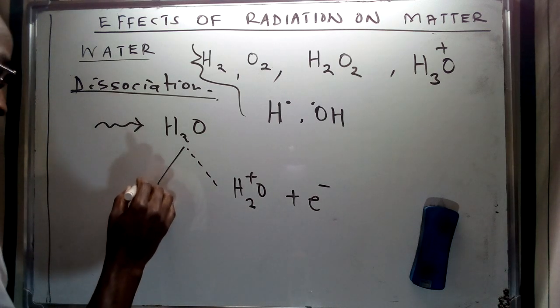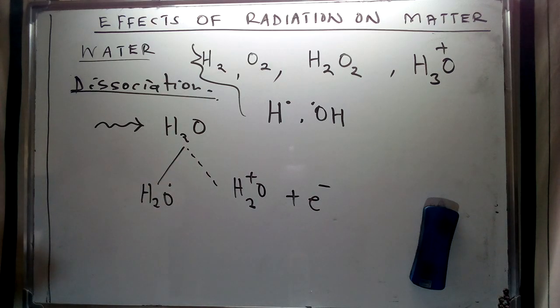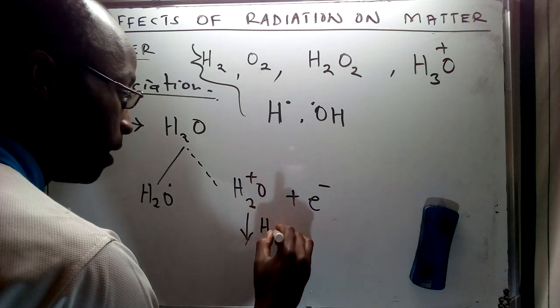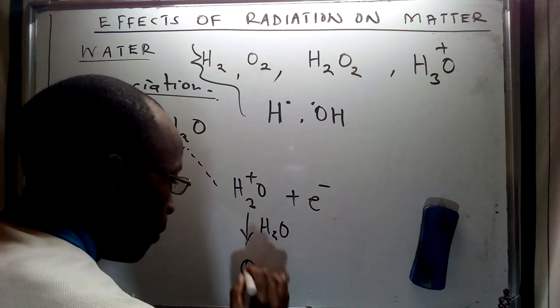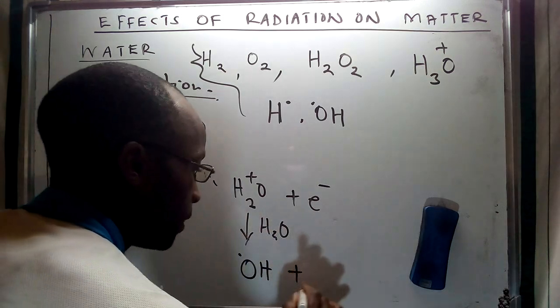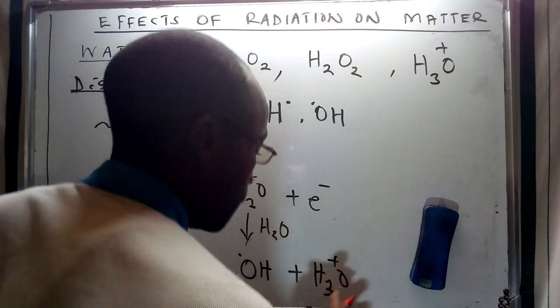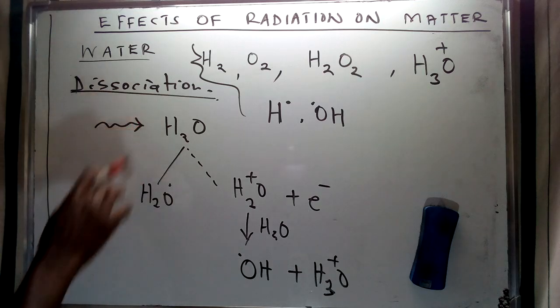This can as well result in the formation of water as a radical. And then from this we are going to see that the interaction of this specific ion with water is going to lead to the formation of OH, which is a hydroxyl radical, and the hydrogen ion. So this is going to be a series of reactions as the radiation interacts with water.